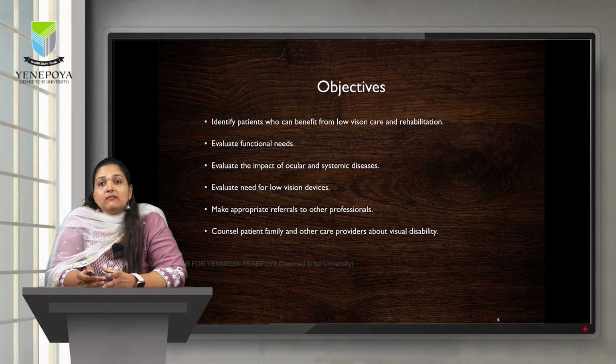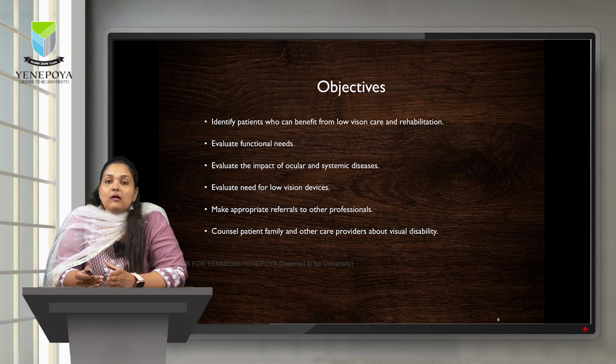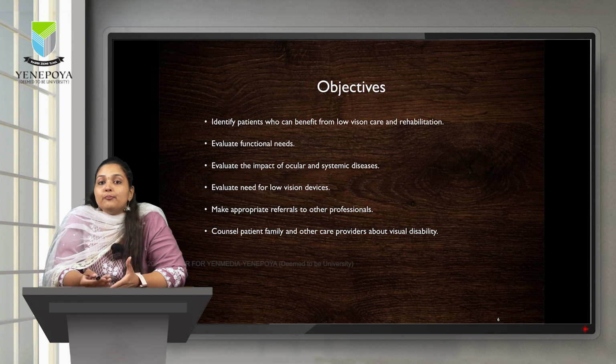Next, one important thing we should keep in mind is counseling of the patient, family and other care providers about the visual disability of the low vision patient. Sometimes what I observe in my OPD days is some patients come with their family members. With a child who is a low vision patient, the parents will be overprotecting.